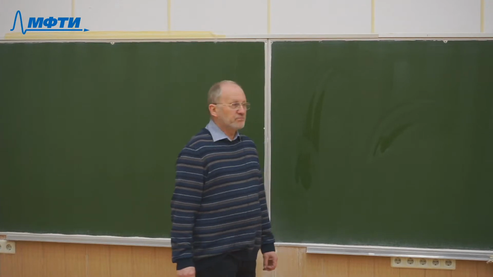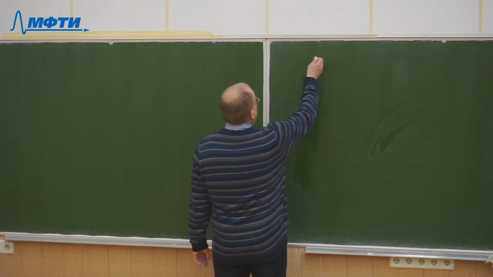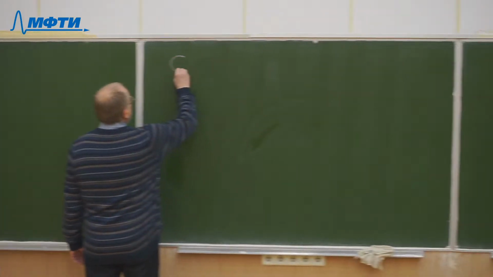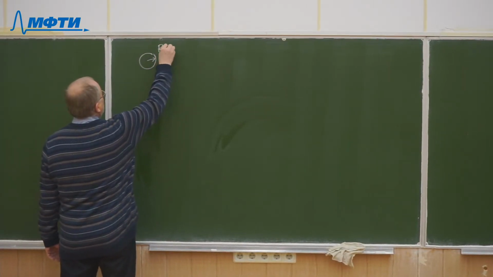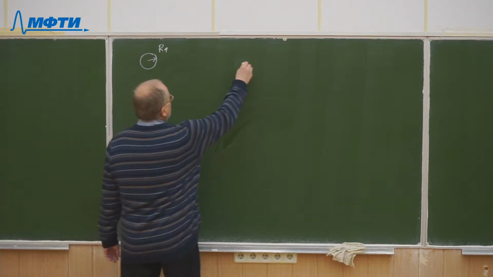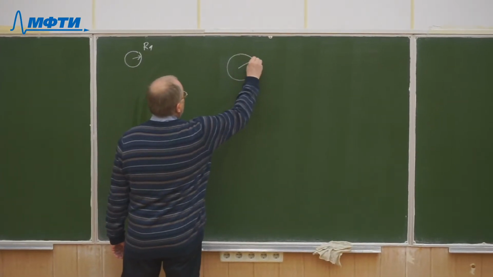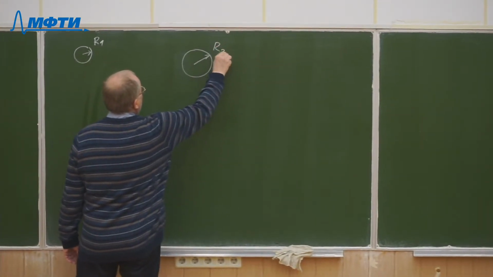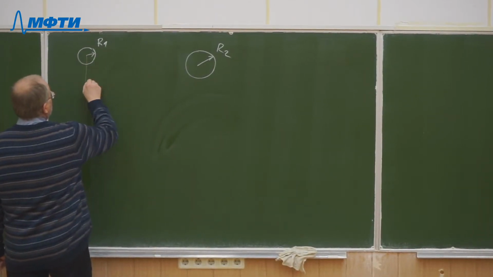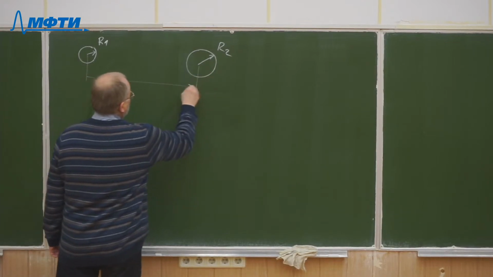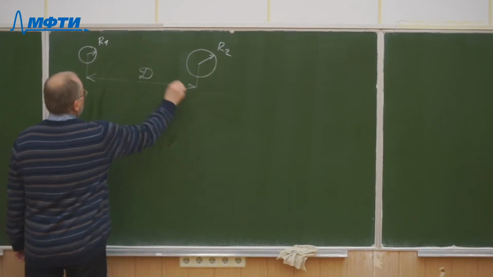So let there be a ball of conducting material of radius r1 and another ball of radius r2, such that the distance between these two balls, the distance between their centers, is d.